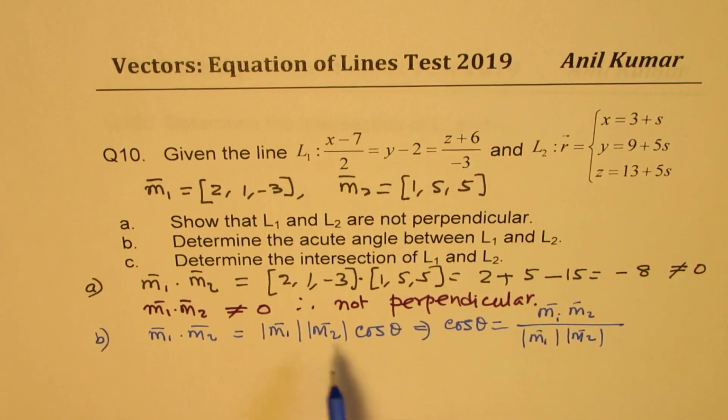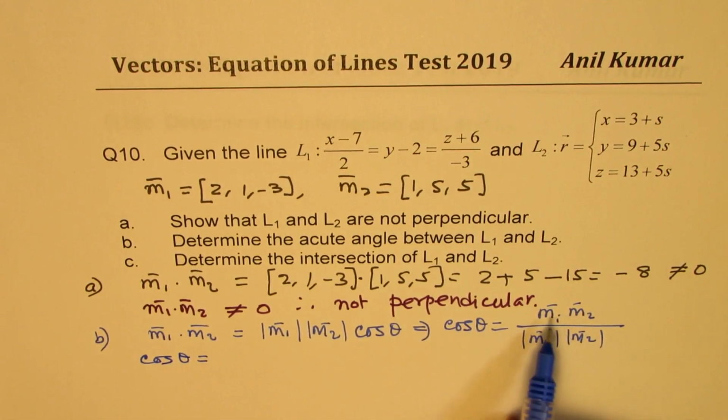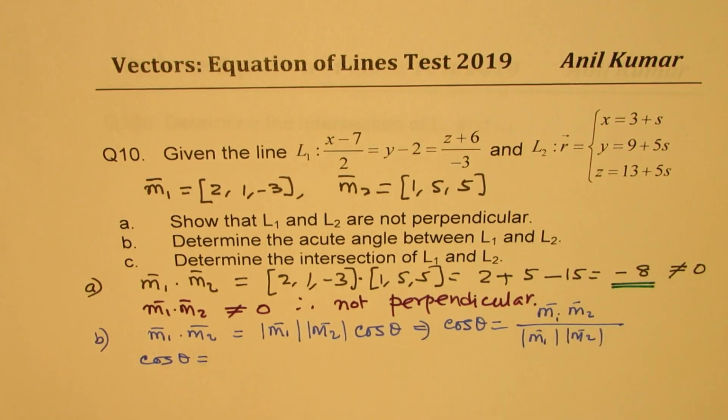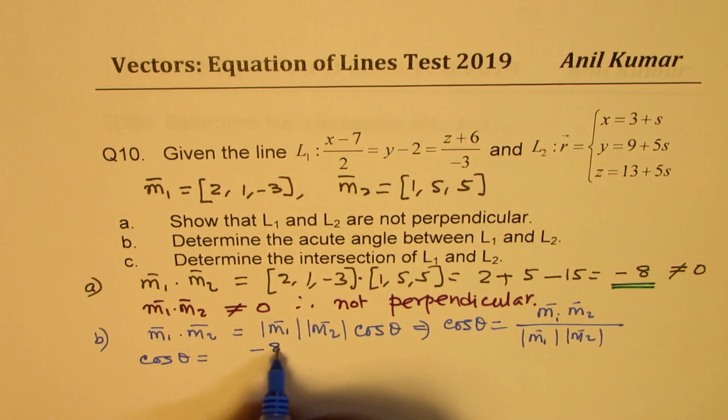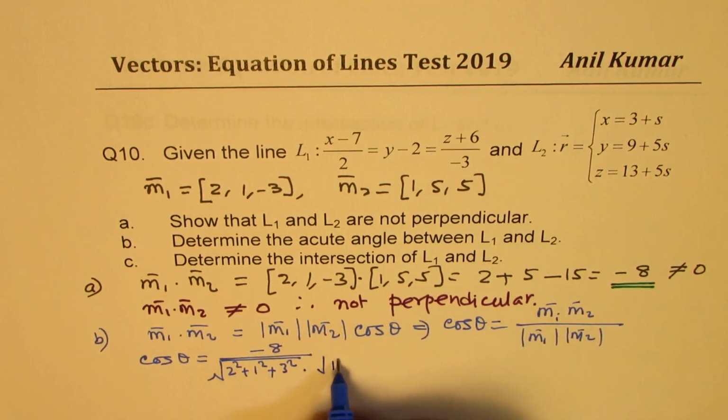Correct? So that should give us the angle. So from here, cos theta equals the dot product we calculated, minus 8, divided by the magnitude, which is the square root of 2 squared plus 1 squared plus 3 squared, times the square root of 1 squared plus 5 squared plus 5 squared.